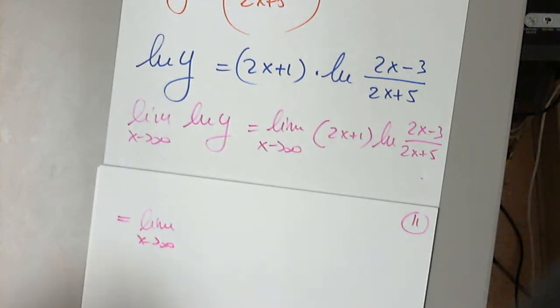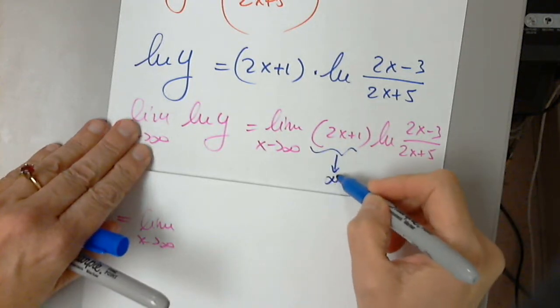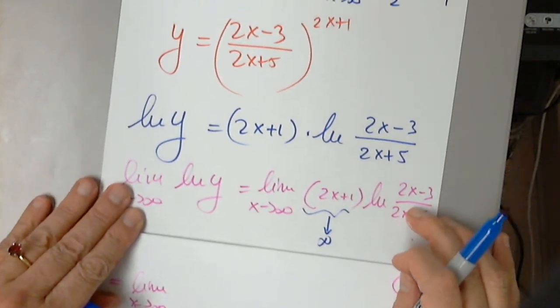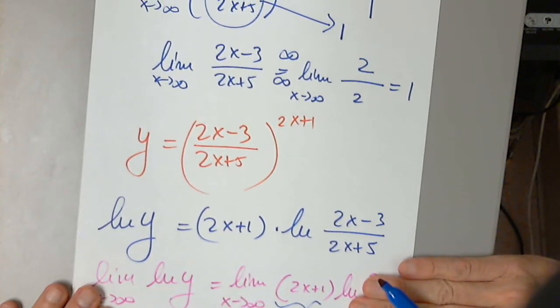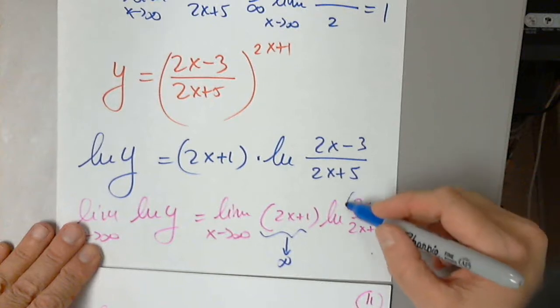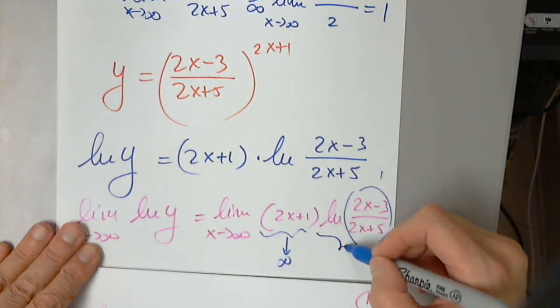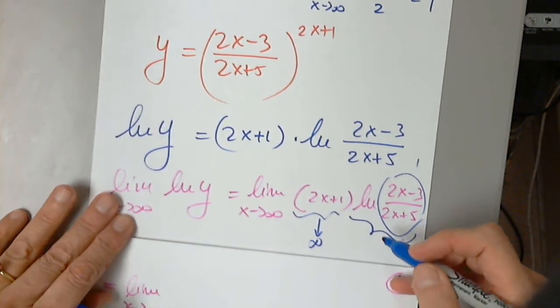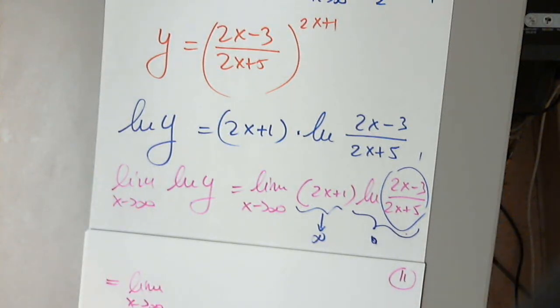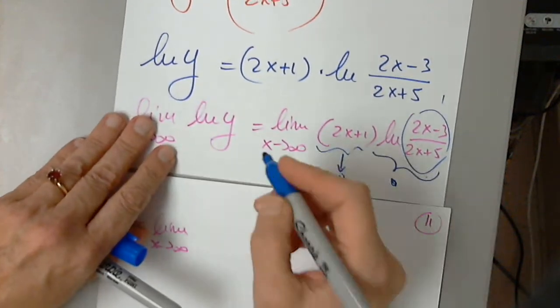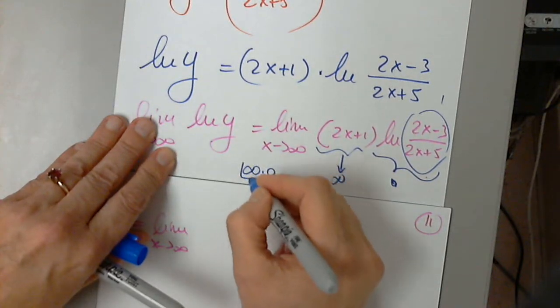Yes, this one goes to infinity. We already know where this one is going, just the inside. Where does the inside go? 1. Yes, the inside goes to 1, but where does natural log 1 go? 0. So now we changed 1 to infinity into a much friendlier situation.